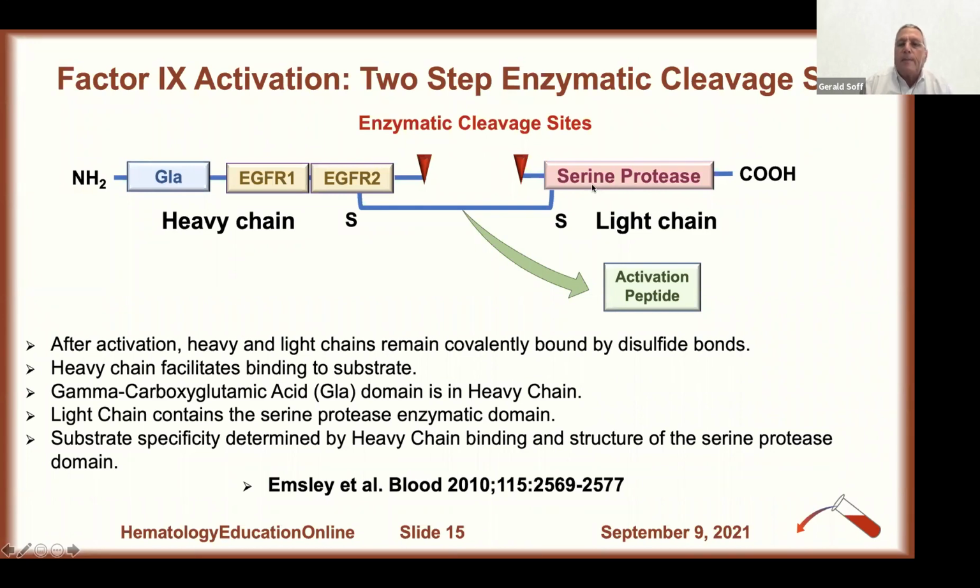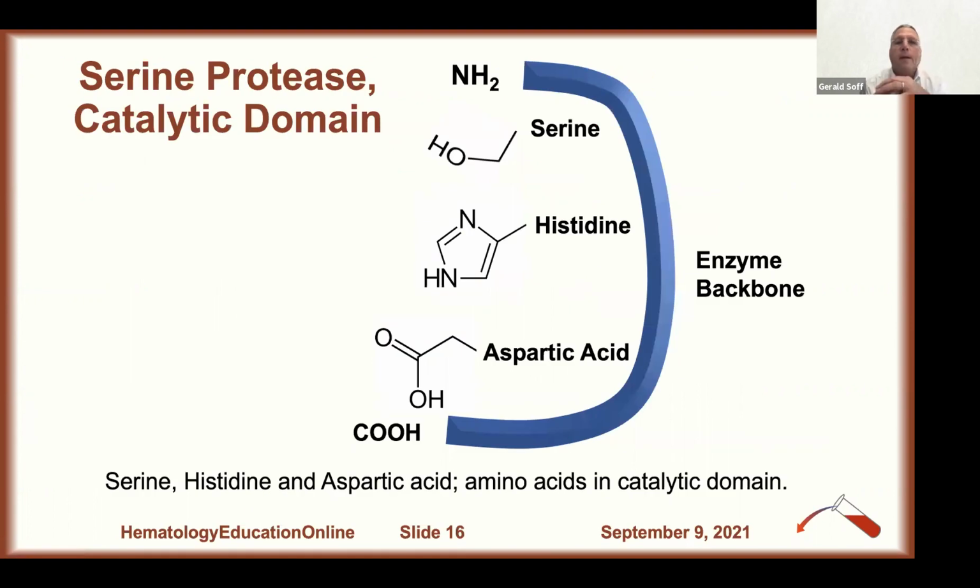So the enzymatic domain is in the light chain, and that's pretty much conserved in all of the enzymes of the coagulation system. The enzymes are referred to as serine proteases because they all have serine, histidine, and aspartic acid in the enzymatic pocket.